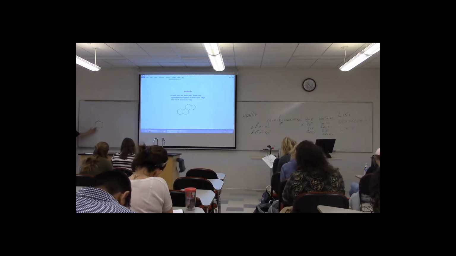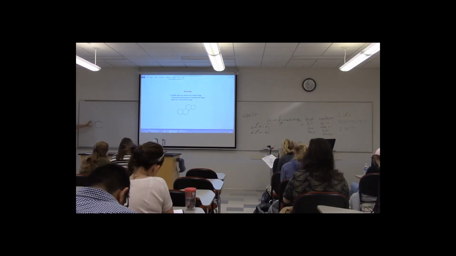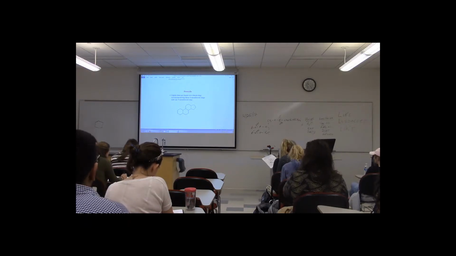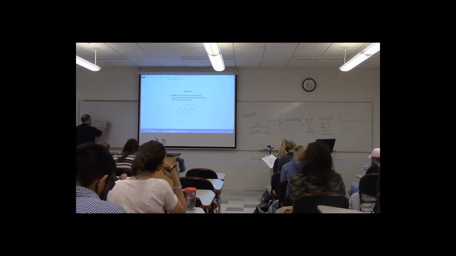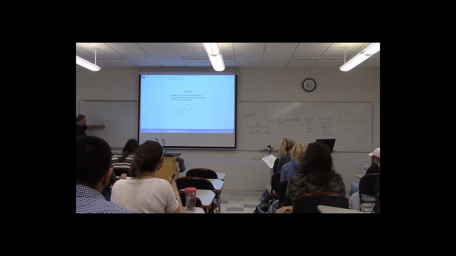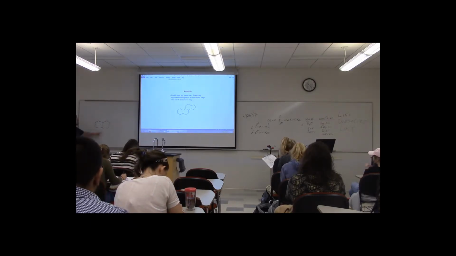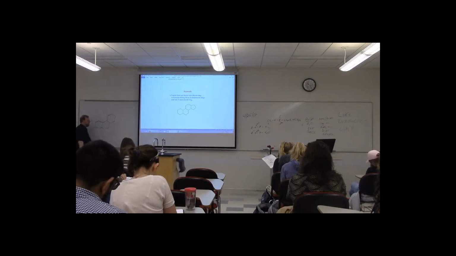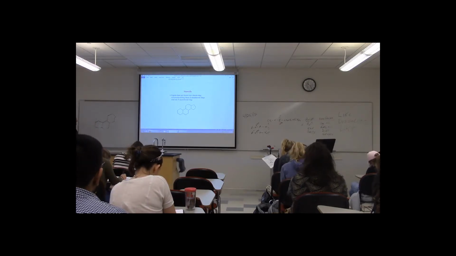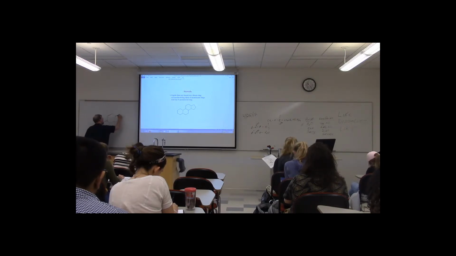You have a 6-membered ring, and then it shares 2 carbons, and we call that a fused ring system. I stayed away from it in this class, even though I could have talked about it. Right next door here, 6-membered ring. Then right here on the top, going up, you have another 6-membered ring. And then right next door, sharing 2 carbons, you have a 5-membered ring.